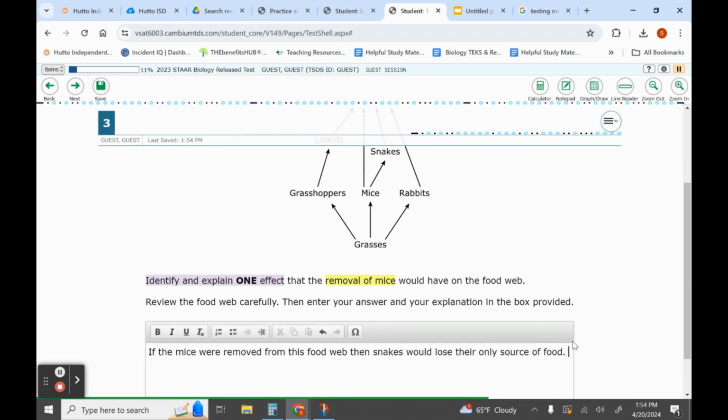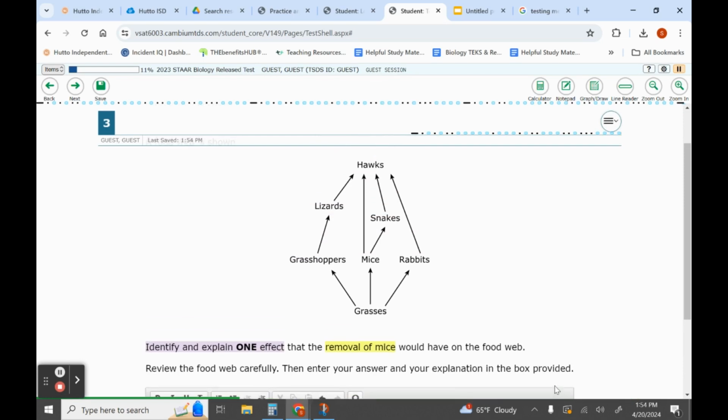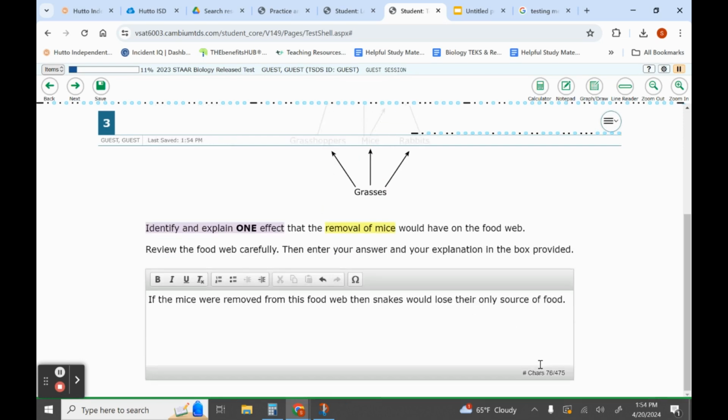There we go. And if the snakes would lose their only source of food, you can add that. If we wanted to add more, that snakes would eventually be removed from this food web.